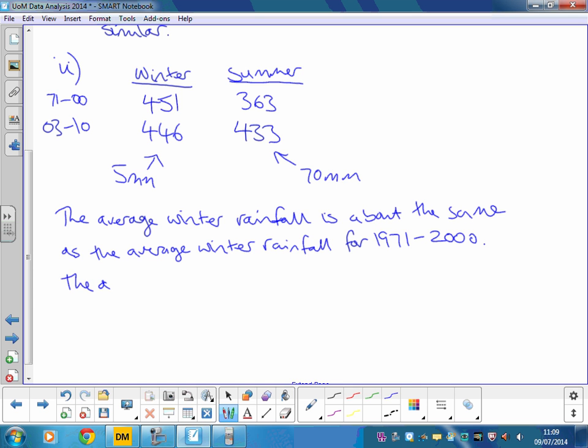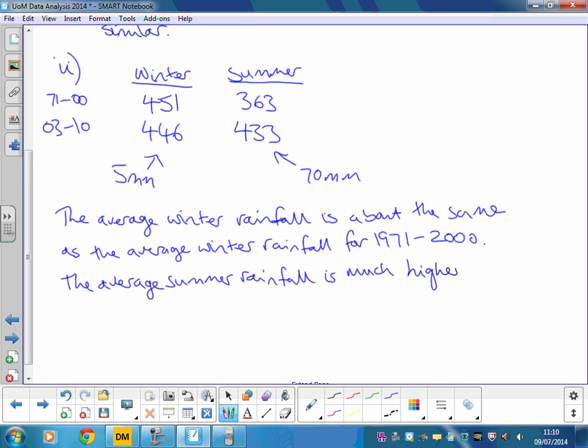However, the average summer rainfall, it's going to be wetter. We can even say much wetter. Is much heavier or wetter or higher or greater, whatever you would like.